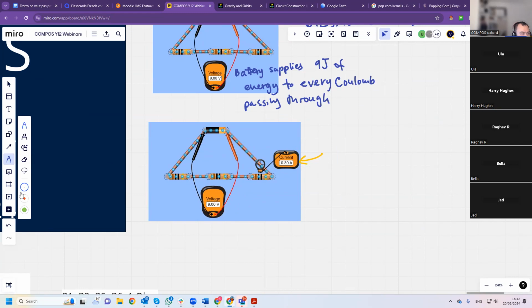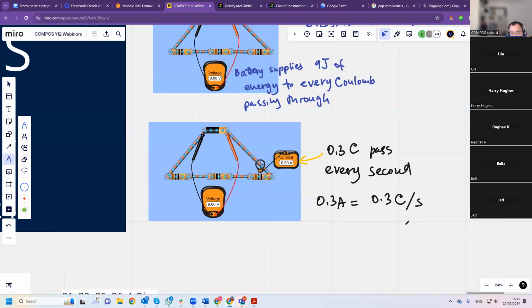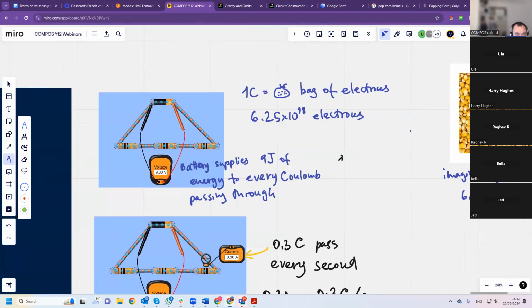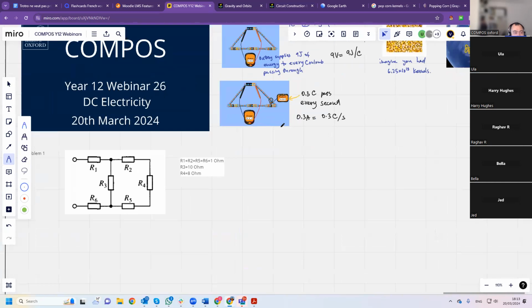So 0.3 coulombs pass every second. And that means the current 0.3 amps means 0.3 coulombs per second. And this 9 volts means 9 joules per coulomb. Okay, lovely. I hope that makes sense.